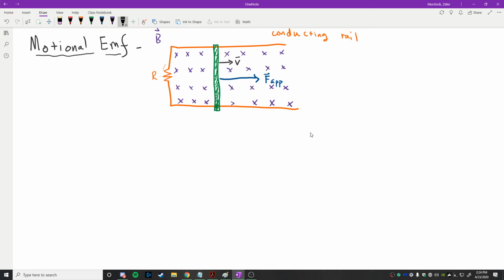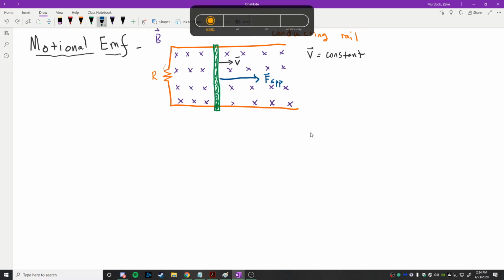The applied force is done in such a way that v is constant. Just imagine we attach a string to this rail and we just pull it to the right. That's basically what's happening.